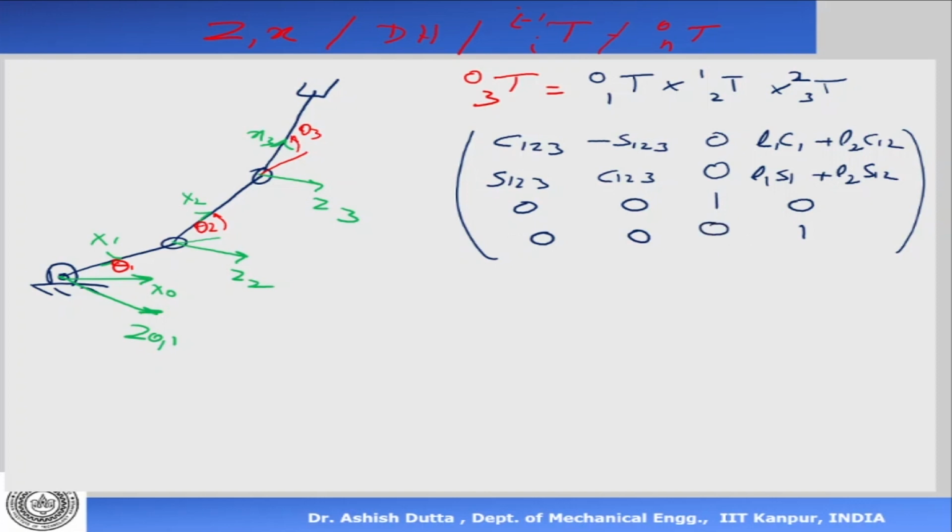Okay, now this is my final T0 to 3. This is my link length L1, L2. Now this part is the rotation part, and that is my translation.